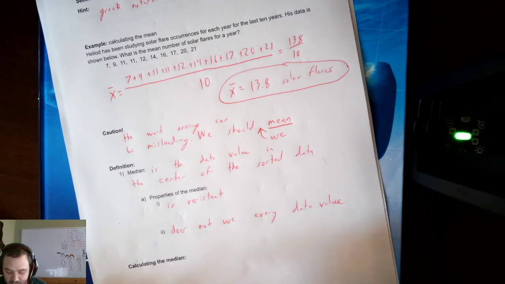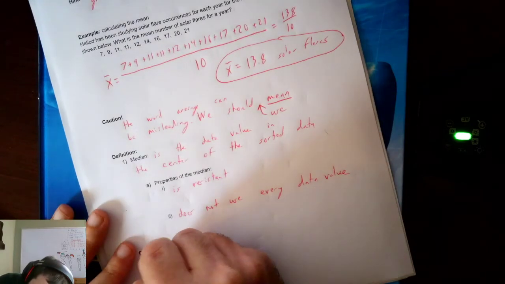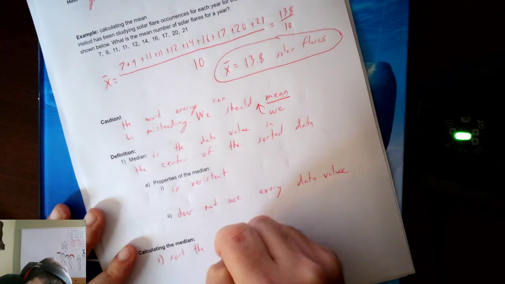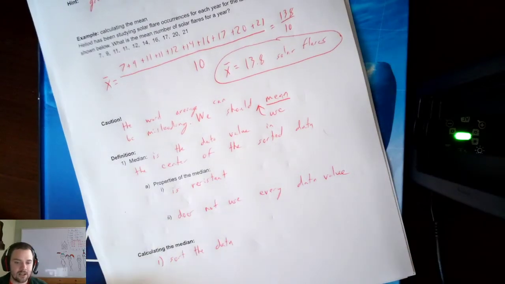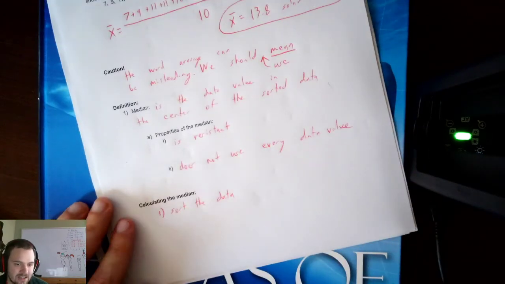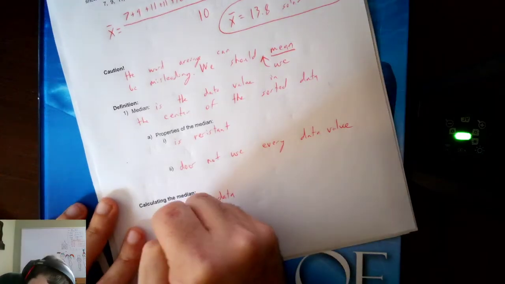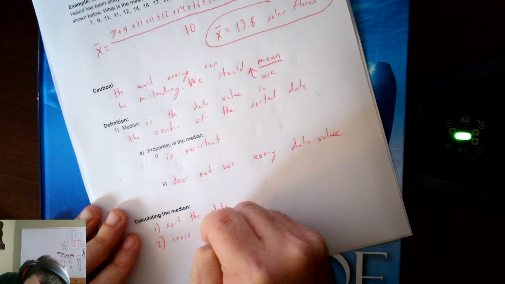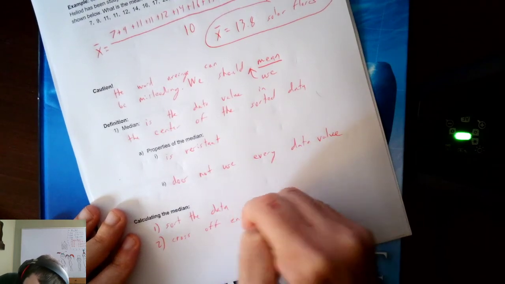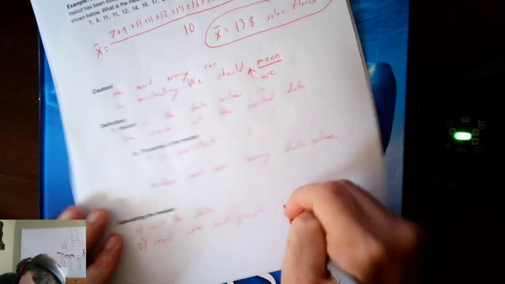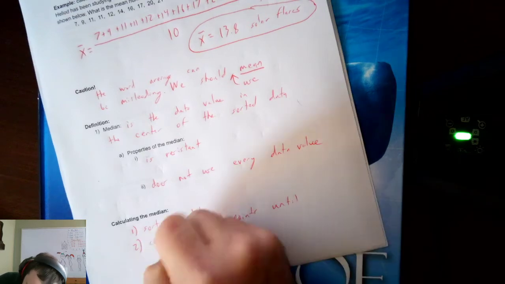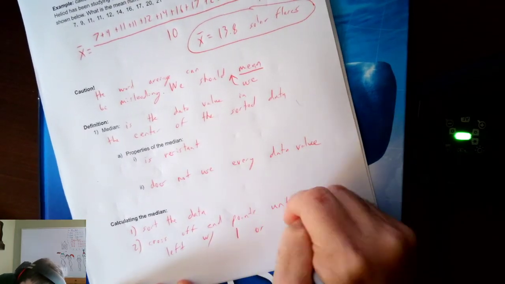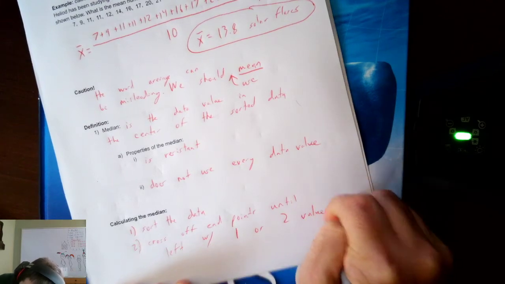Next, let's talk about calculating the median. There's a couple steps. The first step is sort the data. If the data's already sorted, awesome. If it's not, we got to sort it. Step 2, cross off endpoints until left with 1 or 2 values.